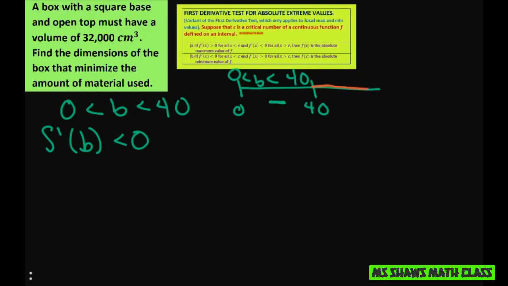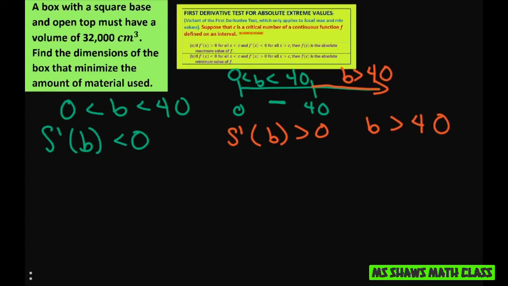Now, for B greater than 40, if I plug in, say 50, then that means our derivative of B is positive if B is greater than 40. So therefore, it is a minimum, because it follows this rule here for our first derivative test for absolute extreme values.